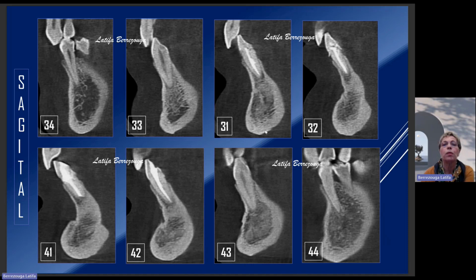Okay, so this is a really very interesting situation, because this trauma led to the necrosis of a couple of mandibular teeth, and this necrosis led to the development of a cystic lesion, which was asymptomatic. Asymptomatic because the necrosis is rather due to the rupture of the vasculature, of the blood supply.